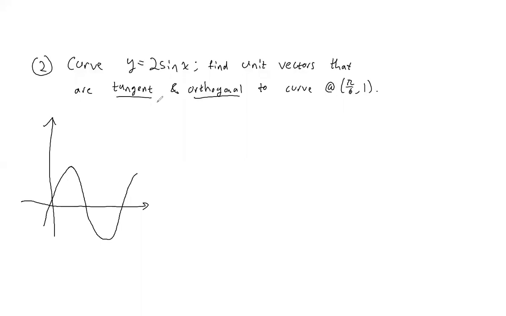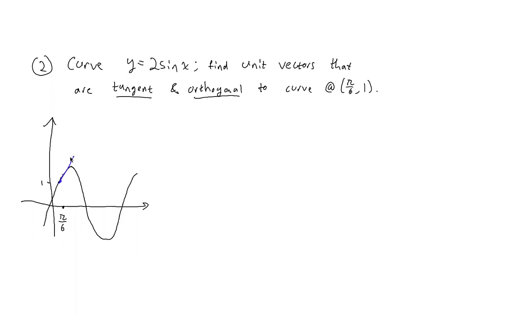Now, we have this figure here, and what we're interested in is this point, and this is obviously not to scale, but work with me, pi over 6, 1, right? So we want to know what's going on at that point. Now, we're interested in unit vectors that are tangent and orthogonal to that point. So let's look at what's tangent.